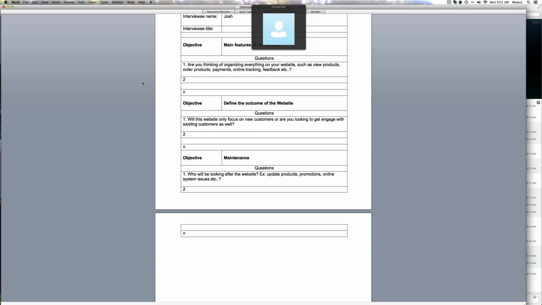For example, I want to see that my clients can access my products, can see the products that I'm selling, and then they can pay online. Maybe if it's delivered, then they can track the delivery, and also they can keep feedback. Yes, exactly.